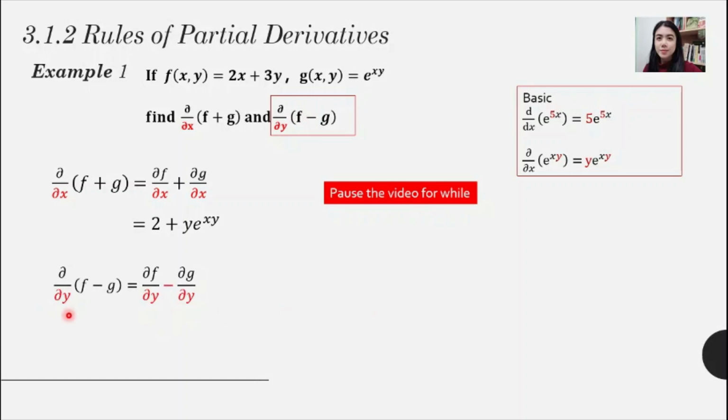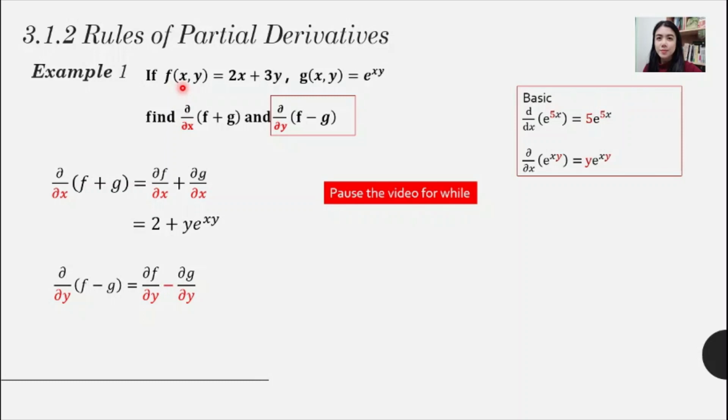Now we have del y. Okay, so that means you differentiate with respect to y. What you have to do is just split this f minus 3 into 2. Okay, so we have both of them, del y, del y. Now let's look at the first part. For the first part, they ask you to focus on the function f and differentiate with respect to y. So let's look at here.